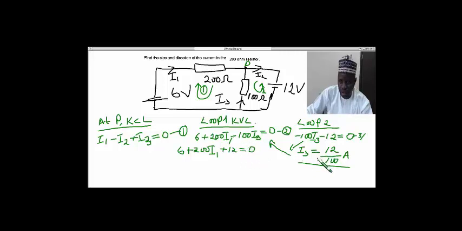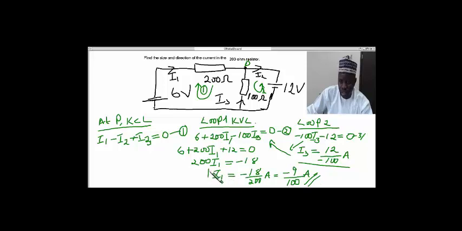So this and this is going to be 18, so 200 I1 equals minus 18. 6 plus 12 is 18. 18 to the right hand side becomes negative, such that my I1 is now going to be minus 18 over 200 ampere, which can be simplified to minus 9 over 100 ampere. So this is my I1.